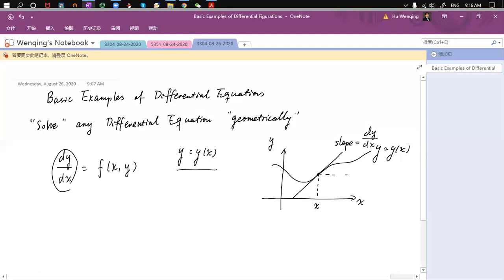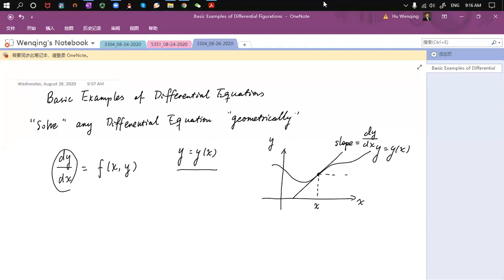From our knowledge in calculus, we easily know that the slope of the tangent curve is equal to the derivative.